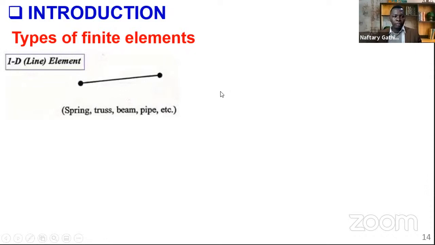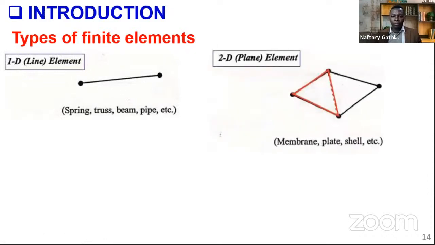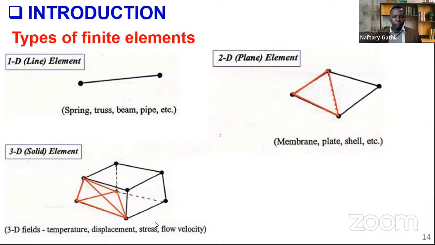Now, this is on page 14 of your notes, lecture 1, types of finite element. We talked of 3 general types: 1D, 2D, and 3D elements. So far, for manual calculation, we concentrated on the 1D category, where we had the spring, the truss or bar element, and of course the beam.